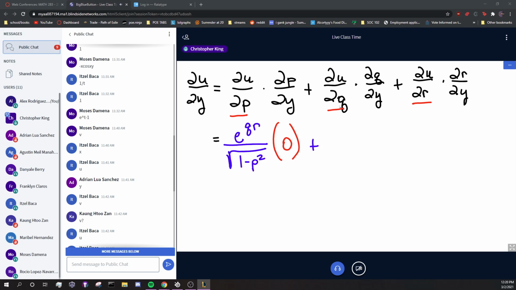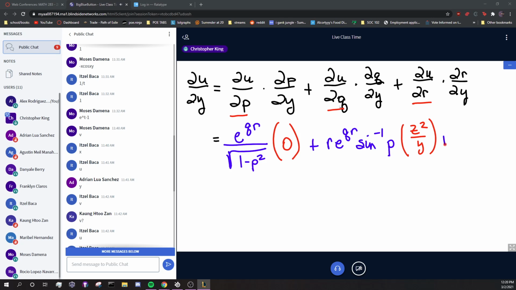Then plus, for the next piece, the partial of u with respect to q. That is going to be re to the qr times the sine inverse of p. And we're going to multiply that by the partial of q with respect to y, which is going to be z squared over y.